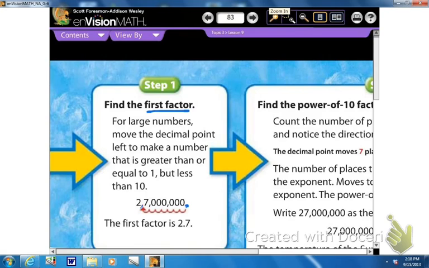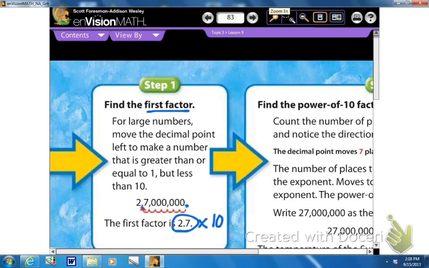All right, so why do we move it here between this 2 and the 7? Because 2.7 is between 1 and 10. So this is a number we can use as the factor to multiply by some power of 10, which will mean the same as 27 million.